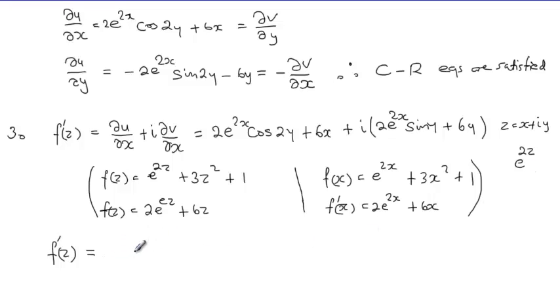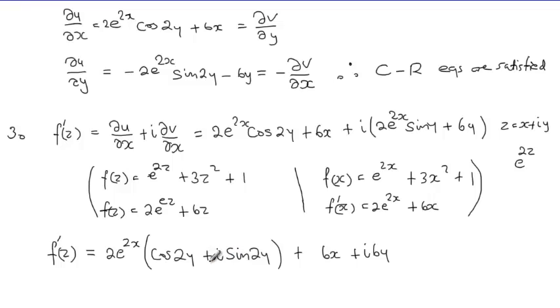Note that there is a common factor here, 2e^(2x), in both terms, which gives us 2e^(2x)(cos 2y plus i sin 2y) plus 6x plus i 6y.